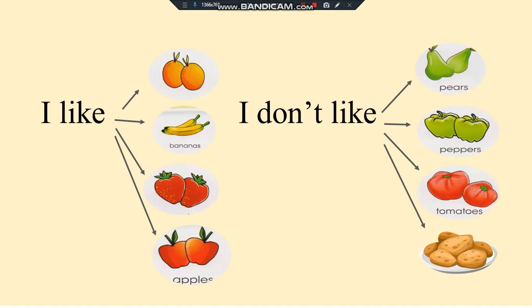I like bananas. I like strawberries. I like apples. I like означает «мне нравится». Вот теперь скажем I don't like – «мне не нравится». I don't like pears. I don't like peppers. I don't like tomatoes. I don't like potatoes.